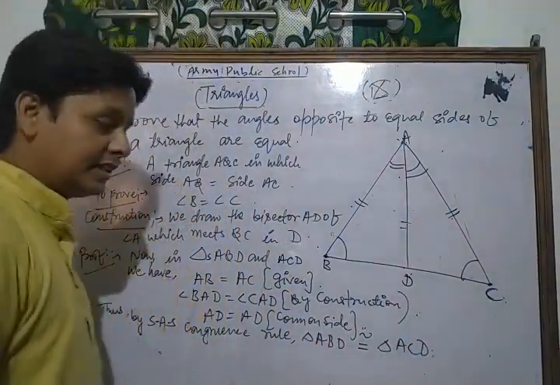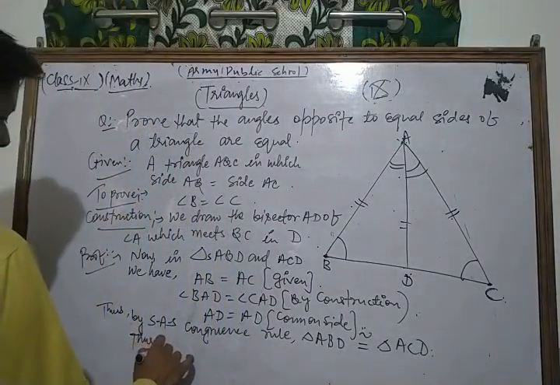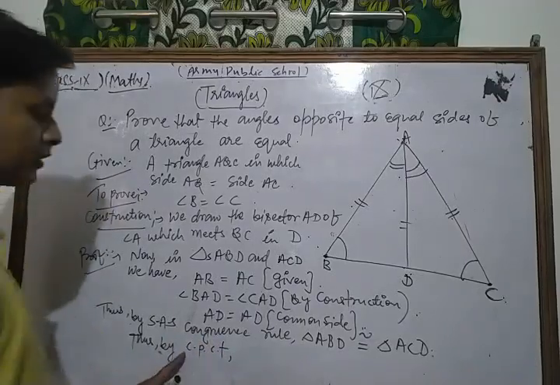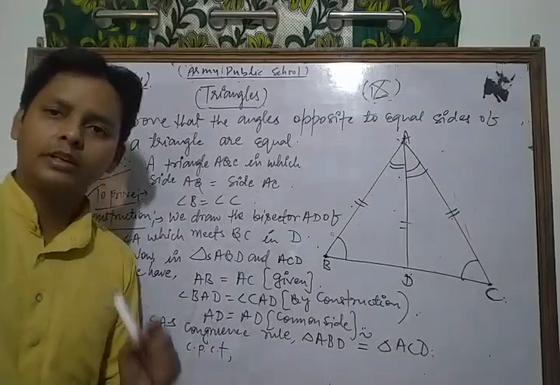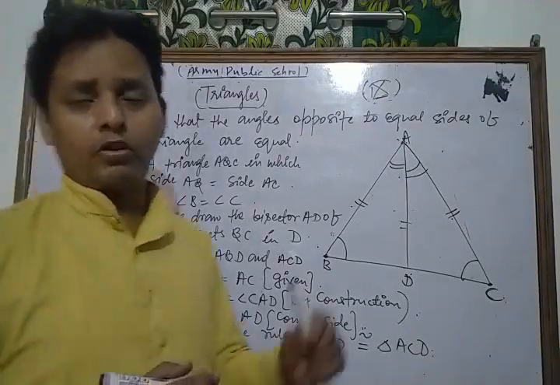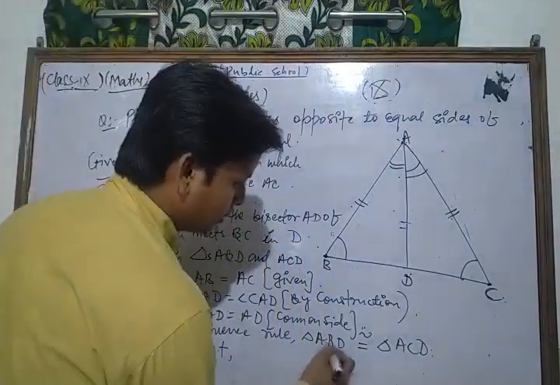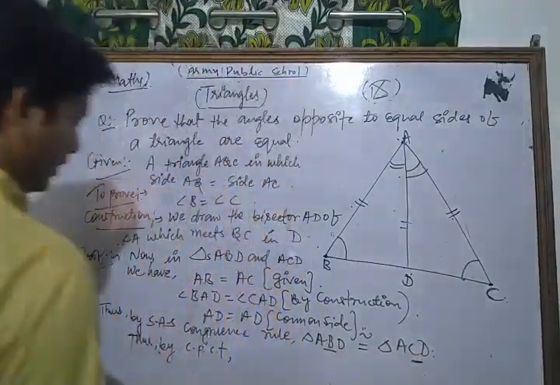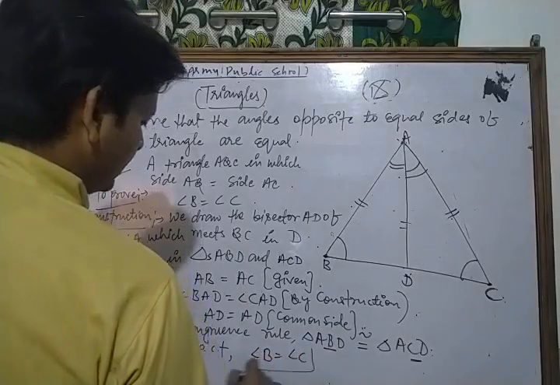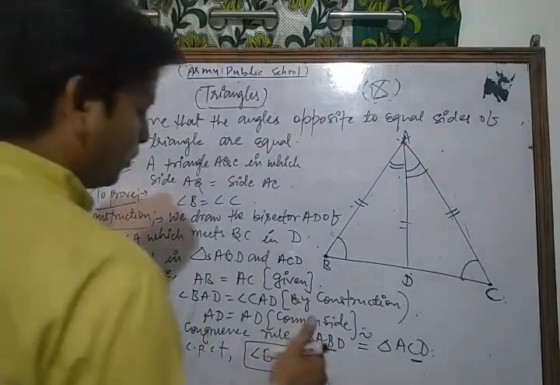Thus by CPCT, corresponding parts of congruent triangles, are equal to each other. That is, the corresponding angles: angle B is equal to angle C. Hence proved.